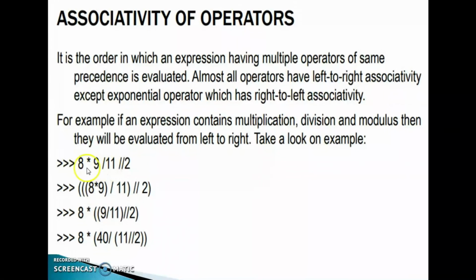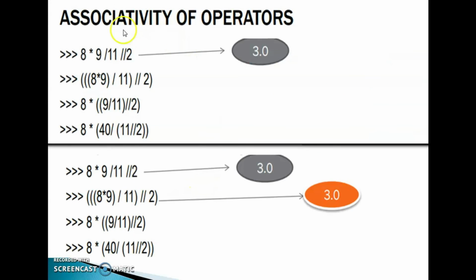Okay, check this one. 8 star 9 divided by 11 divided by 2. Then I used parentheses here, that is 8 star 9. Then within this bracket 8 star 9 divided by 11. After that the whole bracket. Check the output. 8 star 9 divided by 11 divided by 2.